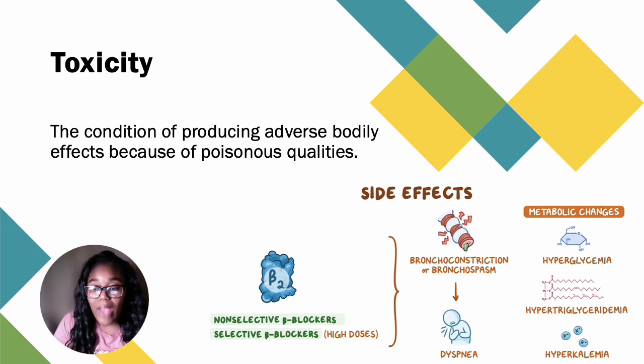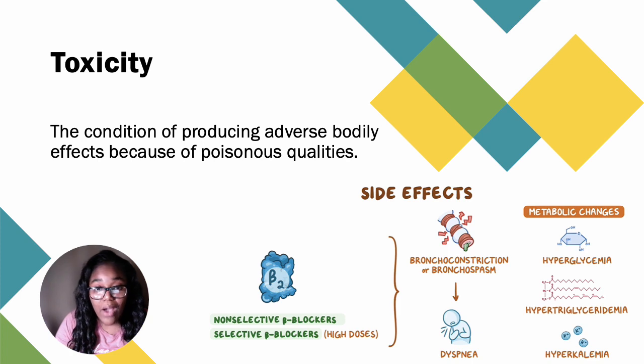And think about why we might see hyperglycemia. That's because when we have a sympathetic response, when we have agonistic effects, we have a breakdown of our sugars because we need energy for the fight or flight response. Well, the beta blockers work opposite, and because it's not producing an agonist effect, it's an antagonist, it will actually have the reversed effect.